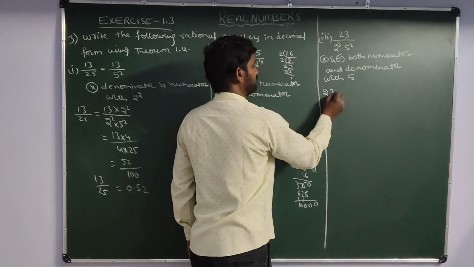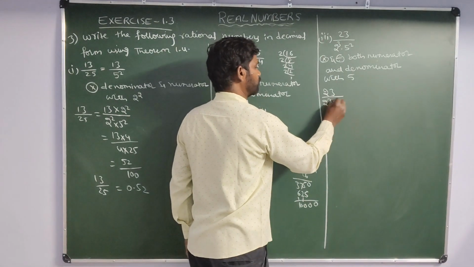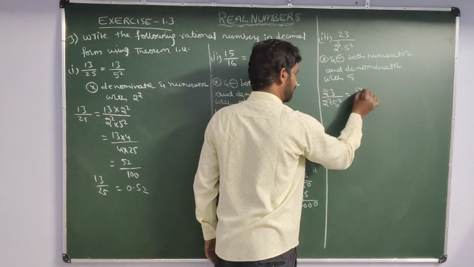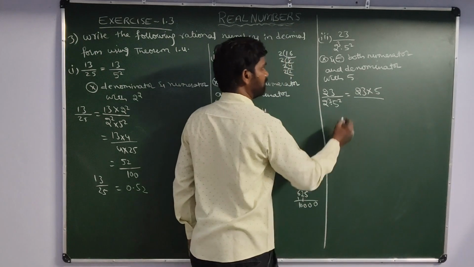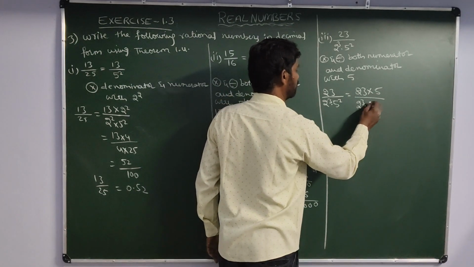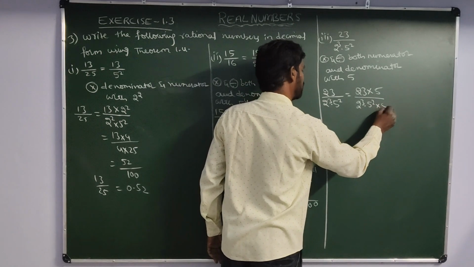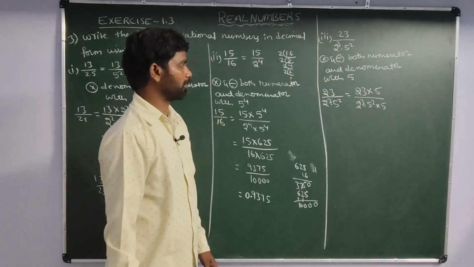So 23 by 2 cube into 5 square is equal to 23 into 5 in the numerator, and the denominator 2 cube into 5 square is also multiplied by 5.